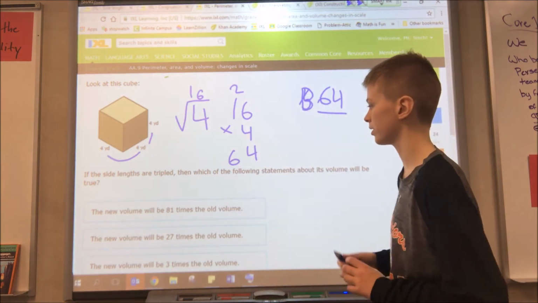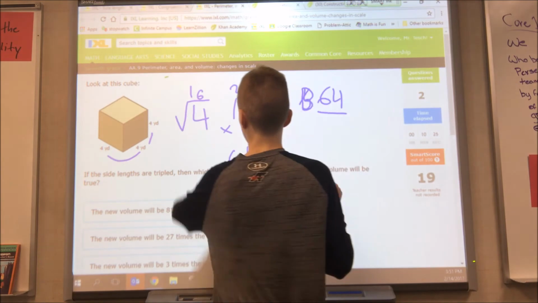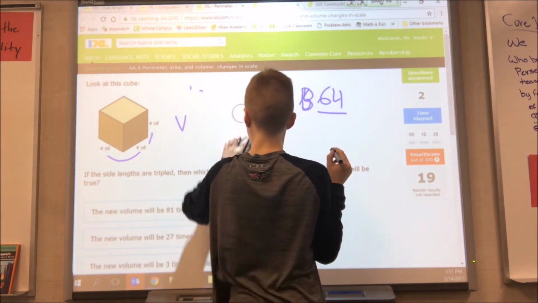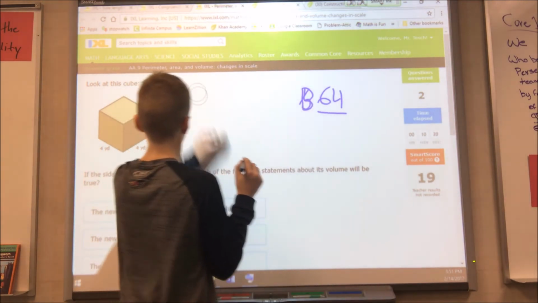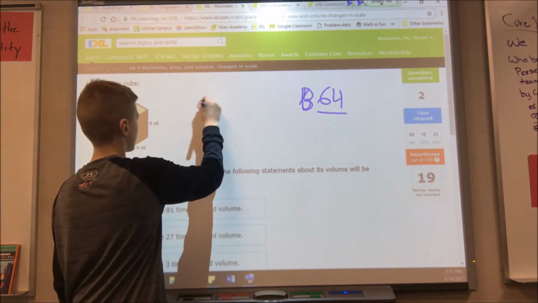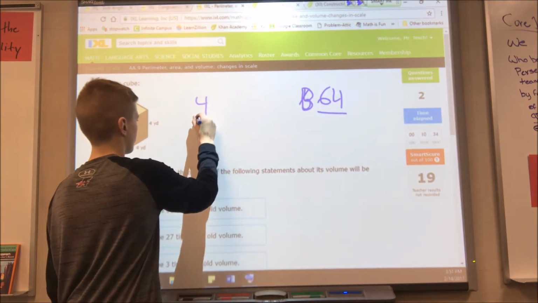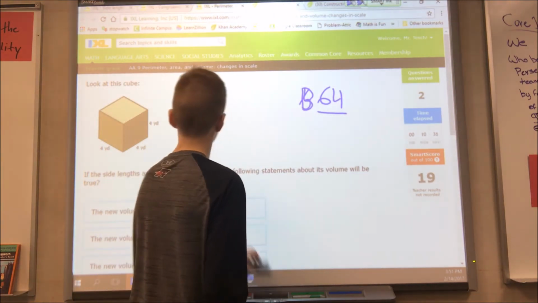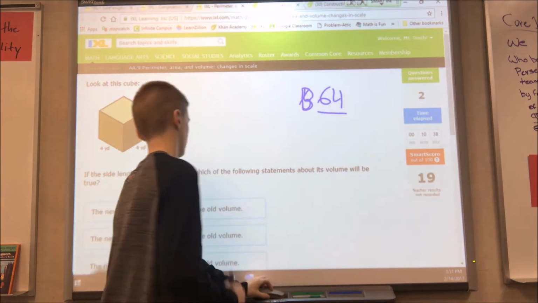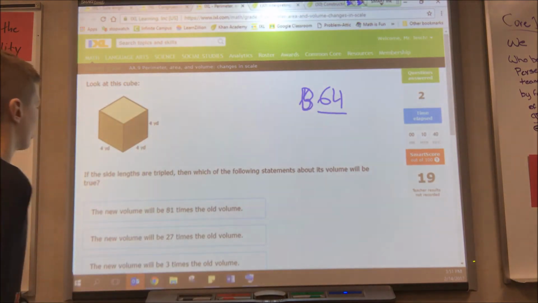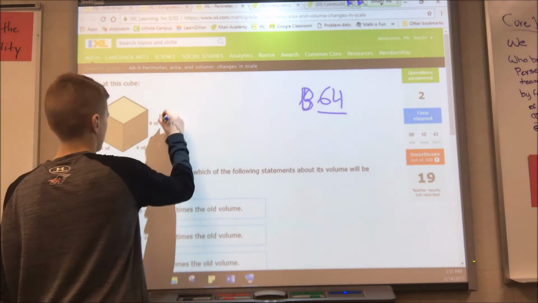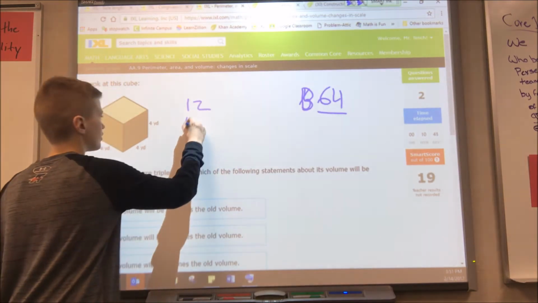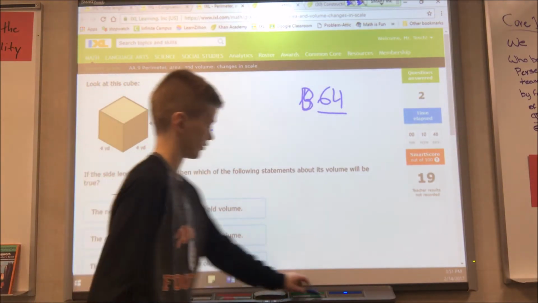So if we triple them, if we tripled the thing, it would be 4 plus 4 plus 4. So each of these would turn into 12. So we'd have 12 times 12.